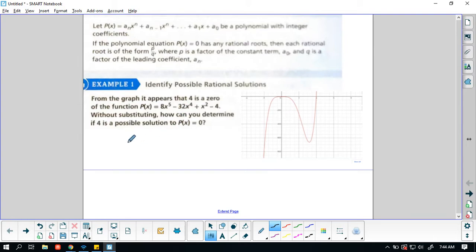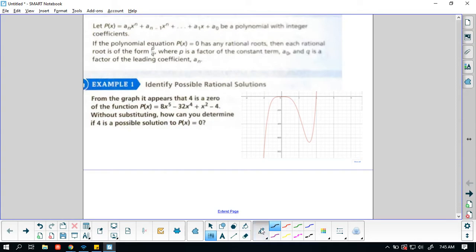In other words, we're not going to plug 4 directly in and see if that gives a 0. That would be the most ideal. But again, sometimes we're looking at things that are not so apparent, not so in front of us. I can see that's 4 here, but I'm also zoomed really far out, and so that might not help. And again, I could just substitute it in and get 0.